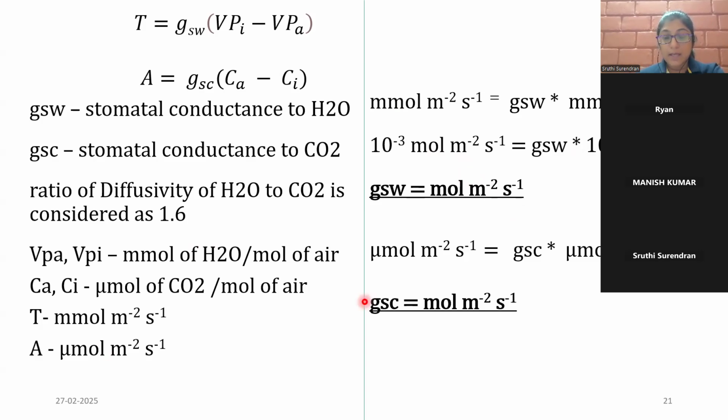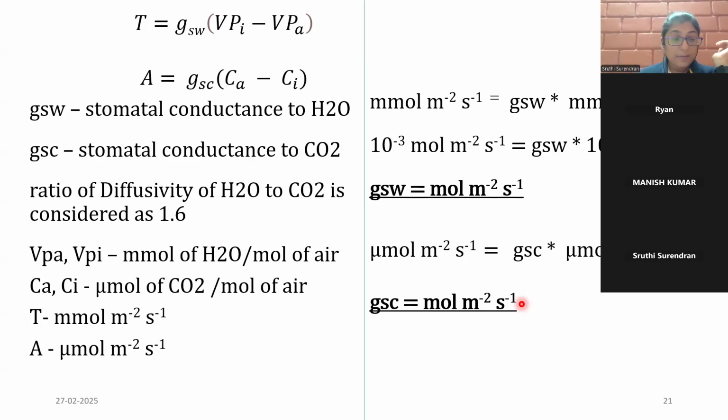Now, in the same way, if you calculate for assimilation also, the assimilation is expressed in terms of micromoles per meter square per second, and the concentration gradient is expressed in terms of micromoles per mole. So here also the micromoles will get cancelled, and you will get the stomatal conductance to carbon dioxide also in terms of moles per meter square per second.